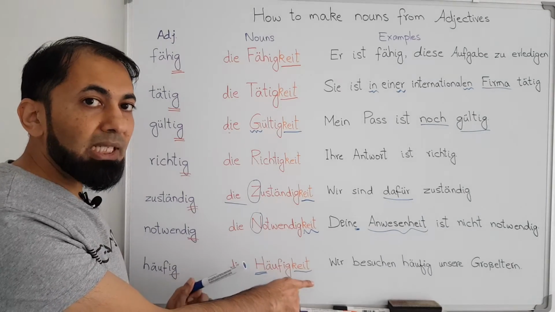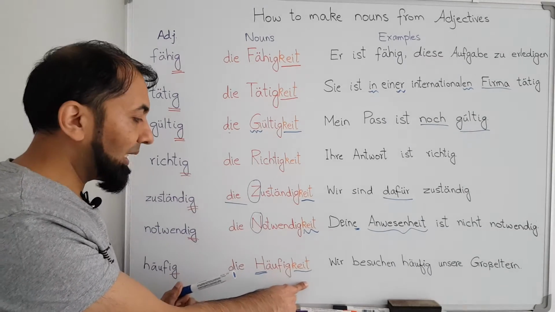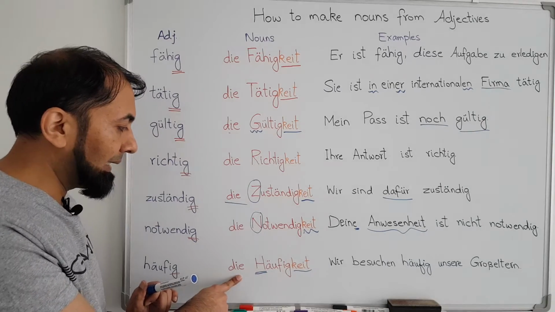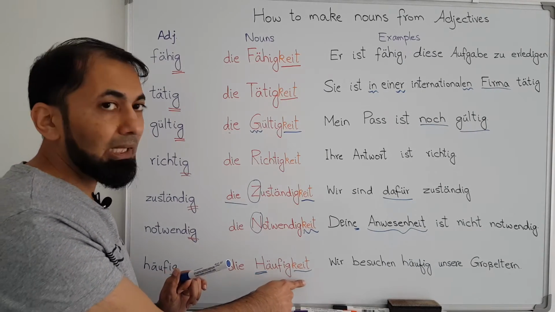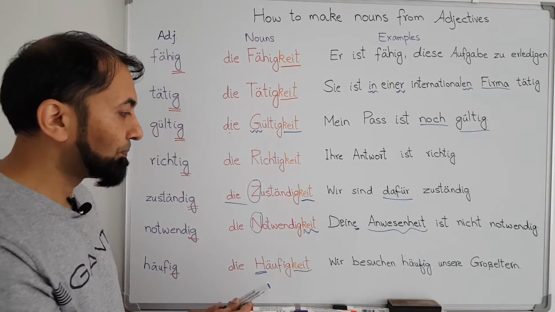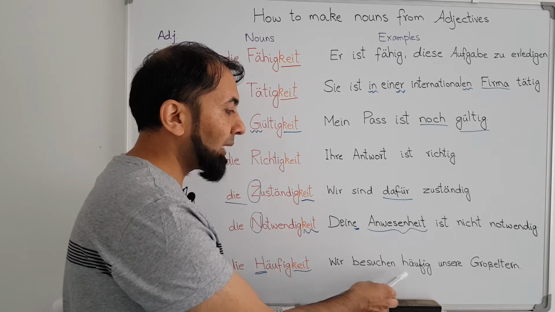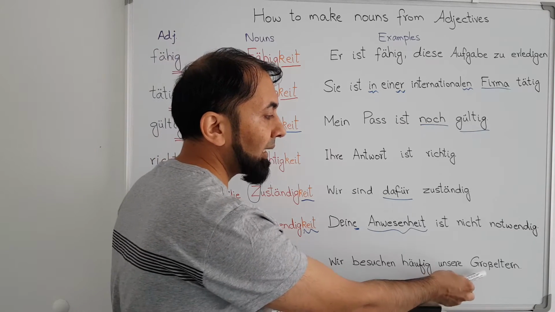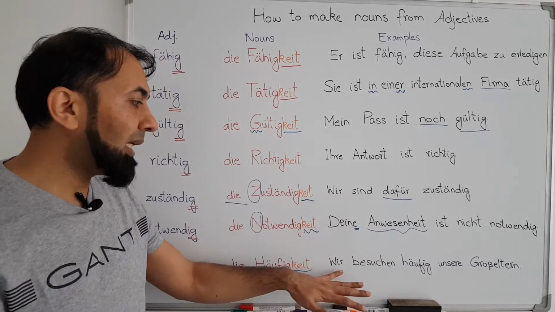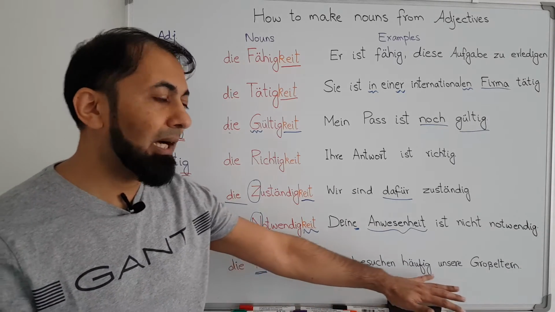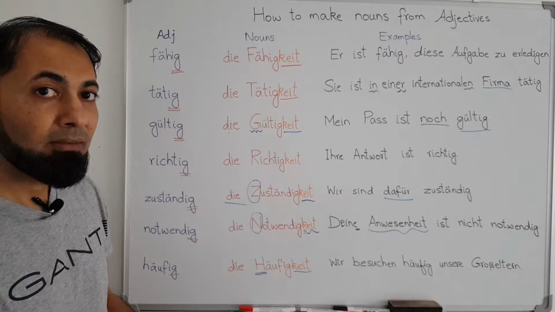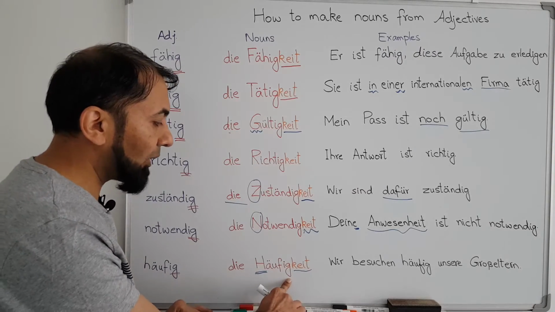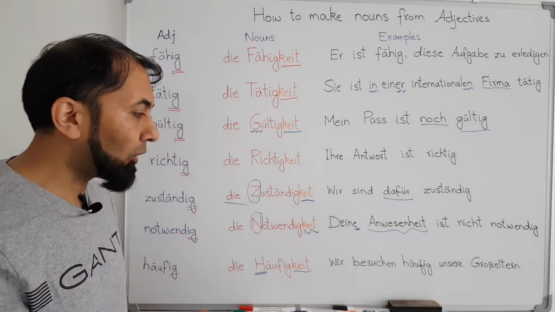Since all the nouns ending with keit are feminine, they have the article die. Die Häufigkeit, the frequency. Wir besuchen häufig unsere Großeltern. We frequently visit our grandparents. Now you have to make one sentence with Häufigkeit and put it in the comment section.